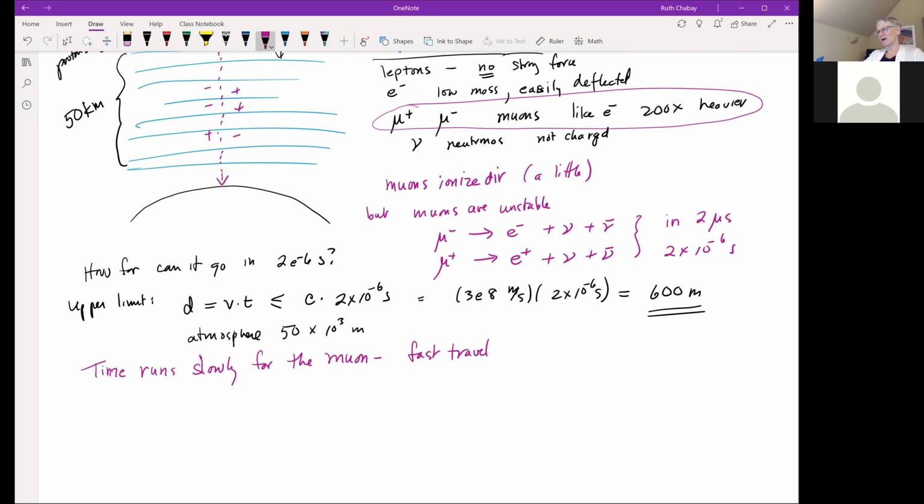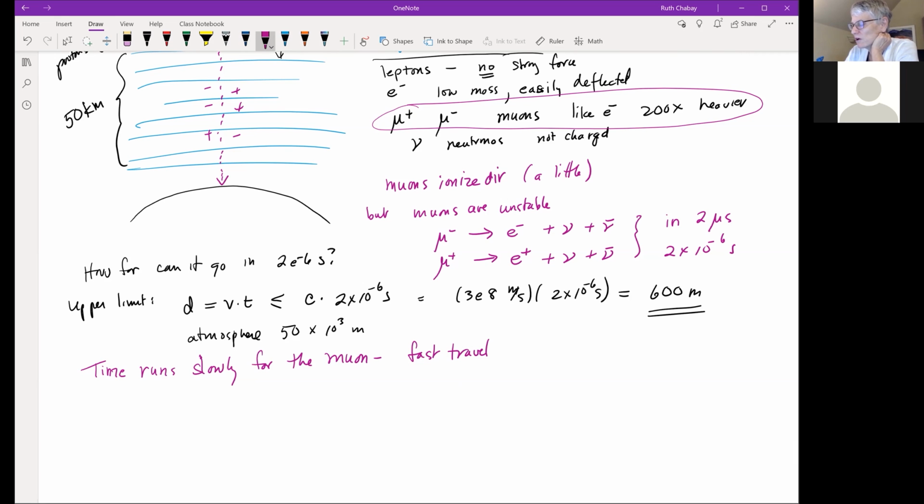If you remember Alice and Bob and Einstein, where we decided, along with Albert Einstein, that time had to run more slowly in a moving reference frame, that's the case for the muon, because in its reference frame, time is passing slowly. In a fast moving reference frame, time runs more slowly. And if the muon is going very fast, close to the speed of light, then in fact, time runs very slowly for the muon.